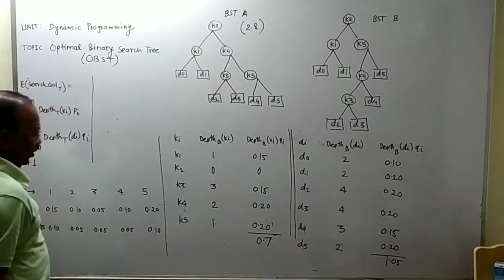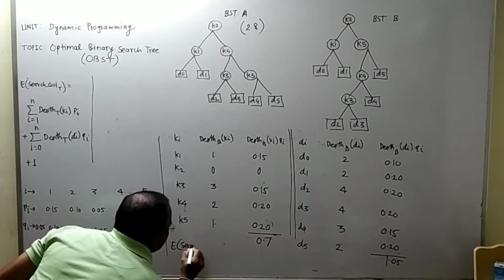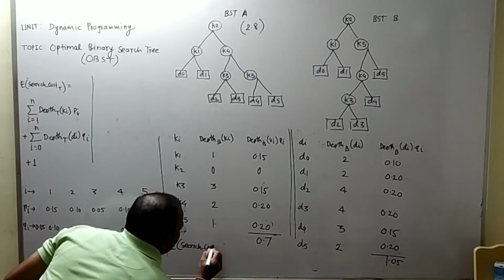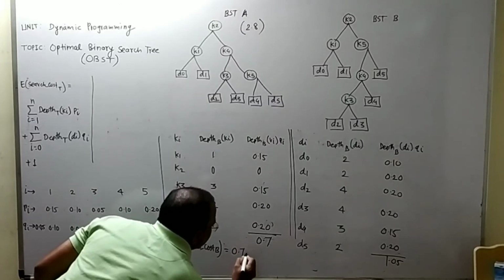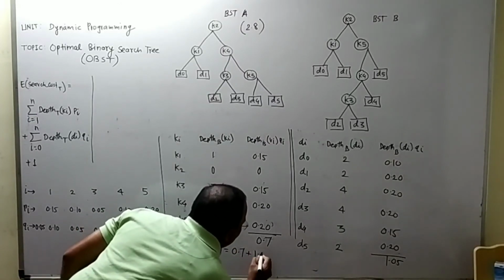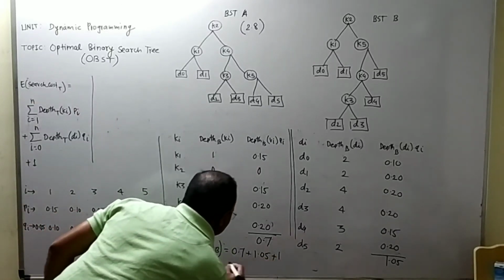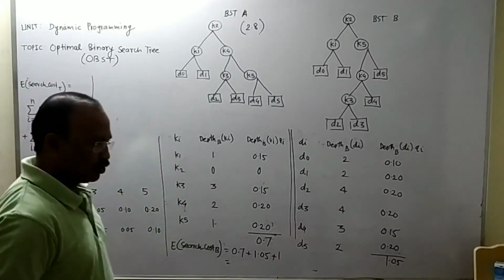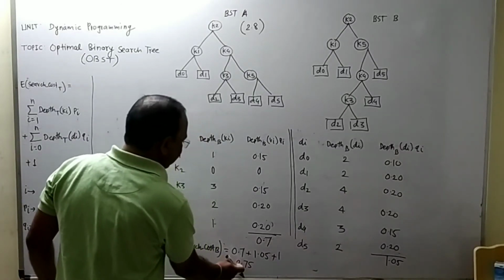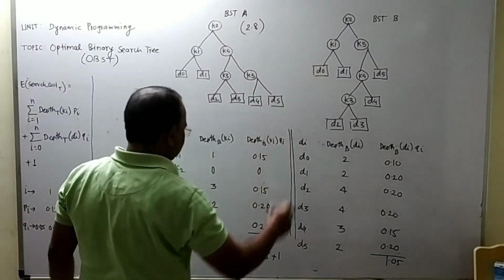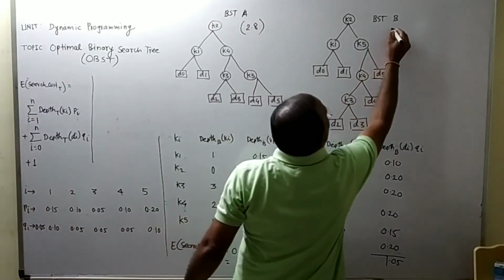Then find out the expected searching cost. Expected search cost of BST-B is equal to 0.7 plus 1.05 plus 1. It comes to 2.75. So this is the expected searching cost of BST-B for searching all the actual keys.